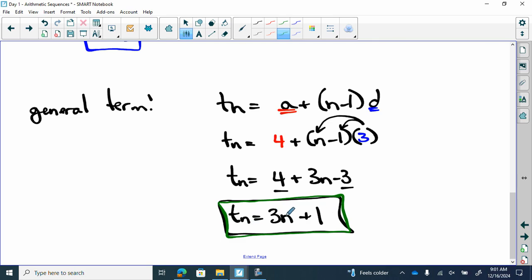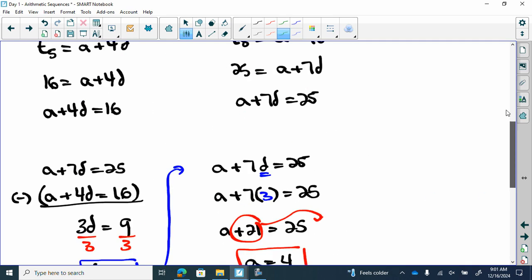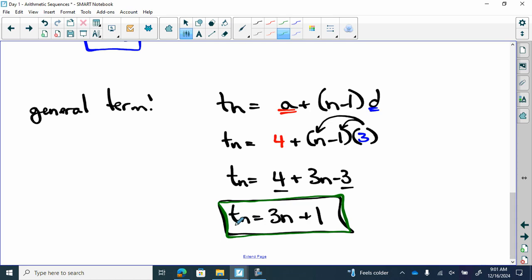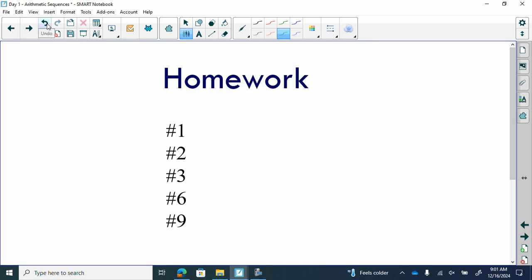If I replace n with a 5, 3 times 5 is 15 plus 1, 16. That means my fifth term, 1, 2, 3, 4, 5, 16. If I wanted the 20th term, 3 times 20 is 60 plus 1, 61. It would be 61. Cool? Those are the questions you can try on the sheet.